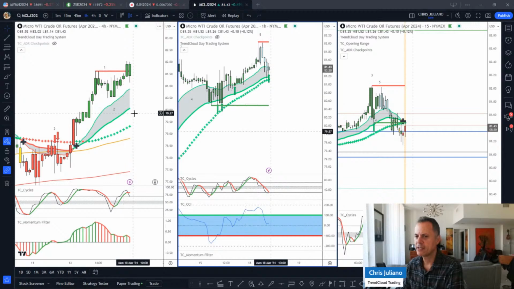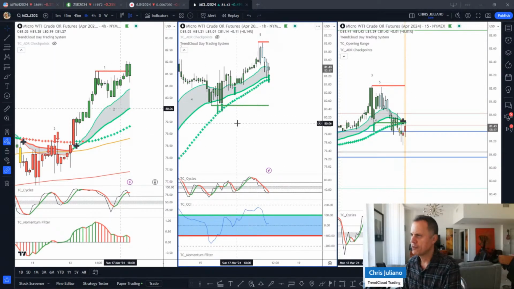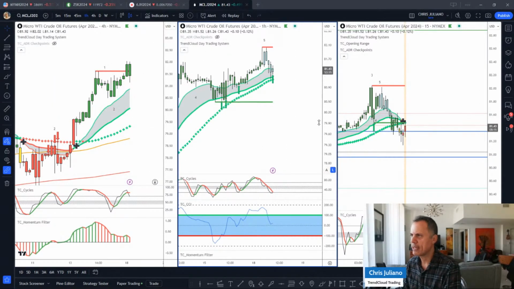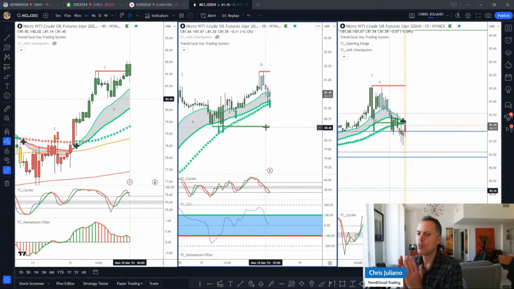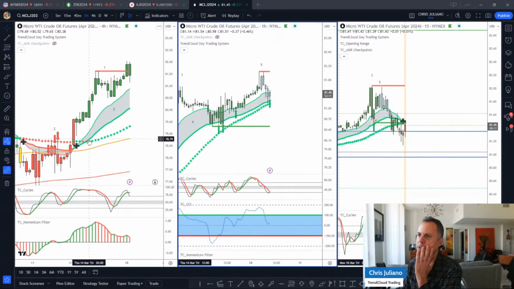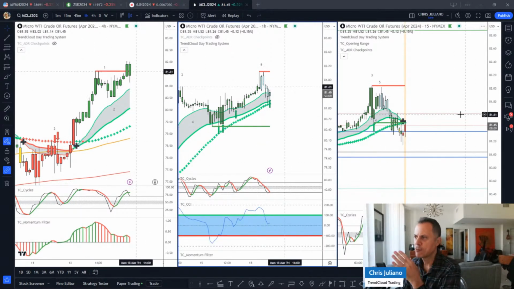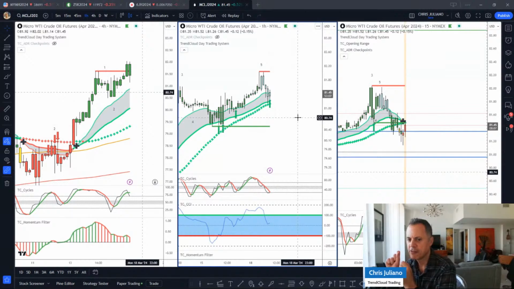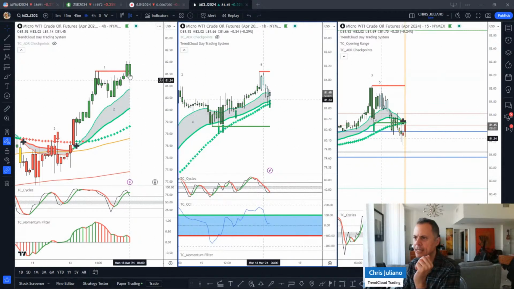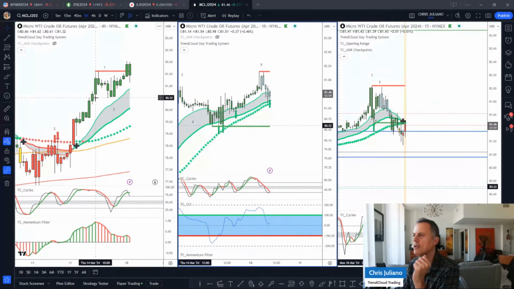So telling the story on the chart is very, very important to understand what's going on. And that's what Trend Cloud is helping us do. It's giving us these key points. Which way is the trend going? That's why it turns green, obviously.